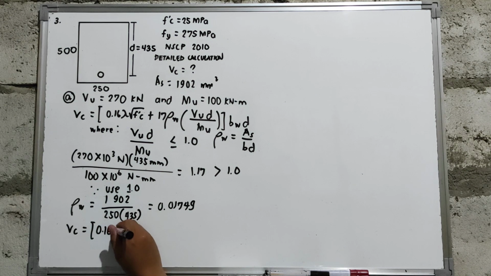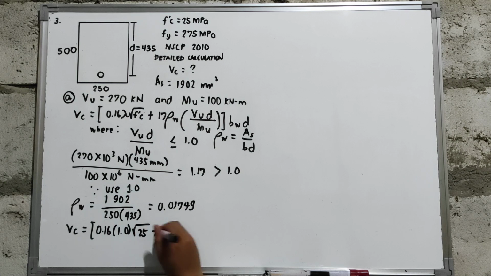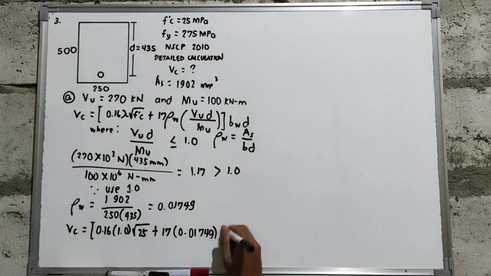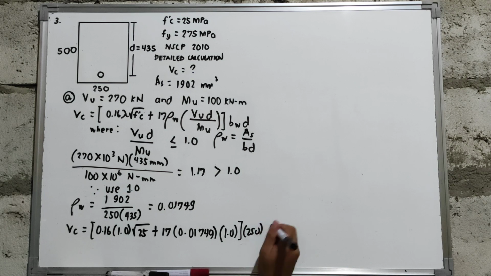We have 0.16, 1.0 multiplied by the square root of 25 megapascal plus 17, our steel ratio that we got as 0.01749, multiplied by our ratio which is equal to 1.0, multiplied by our bw which is equal to 250, multiplied by the effective depth of 435 millimeter.